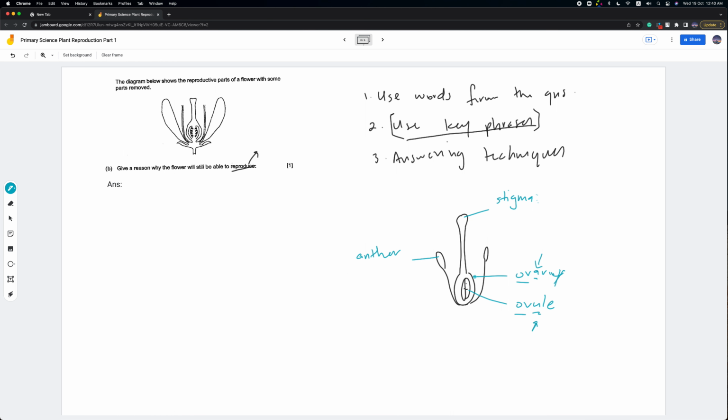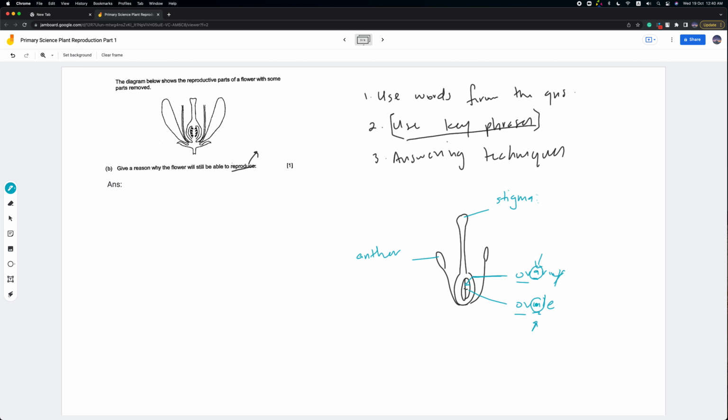In ABC, A will come first and then U will come later. So if you see from the outside, you will see the ovary first, the A. When you cut in, when you go further, then you will see the ovule, which is the U.